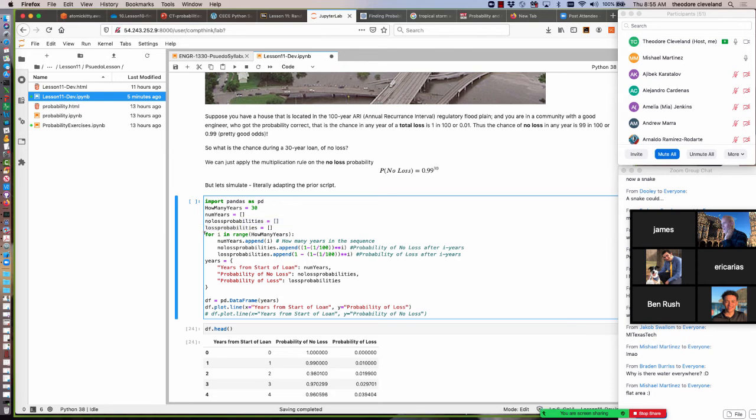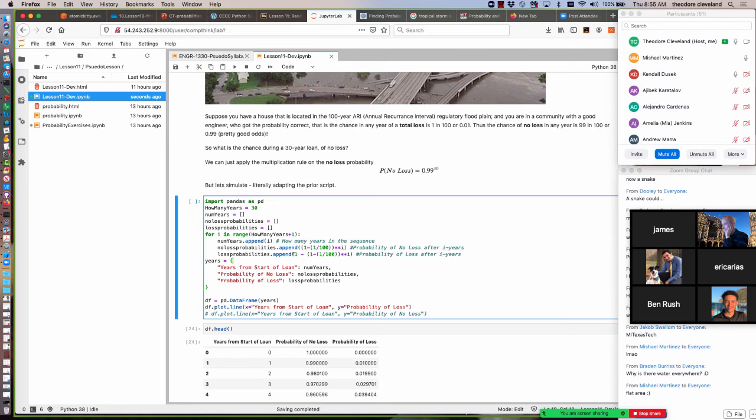And then we start marching through our simulation. So we're going to fix this first. So we'll go into how many years, and we will count the years based on the sequence. So we'll have years 0, 1, 2, 3, 4, and so on. We'll compute the no loss probability, which is 1 in 100 complement raised to the year count.